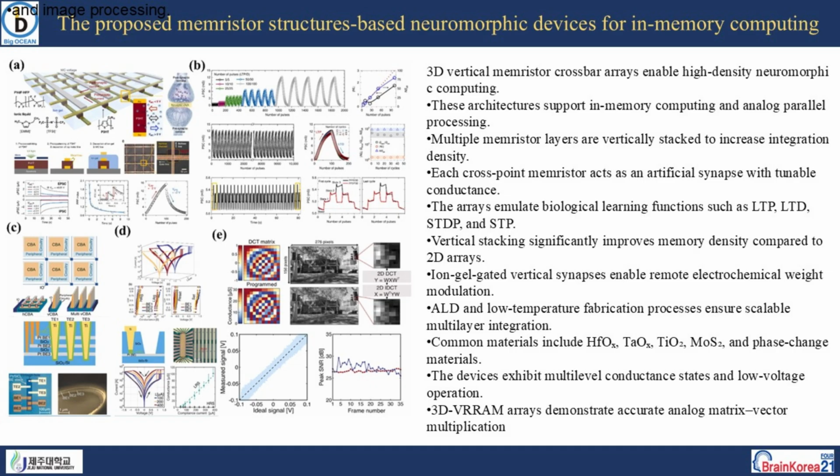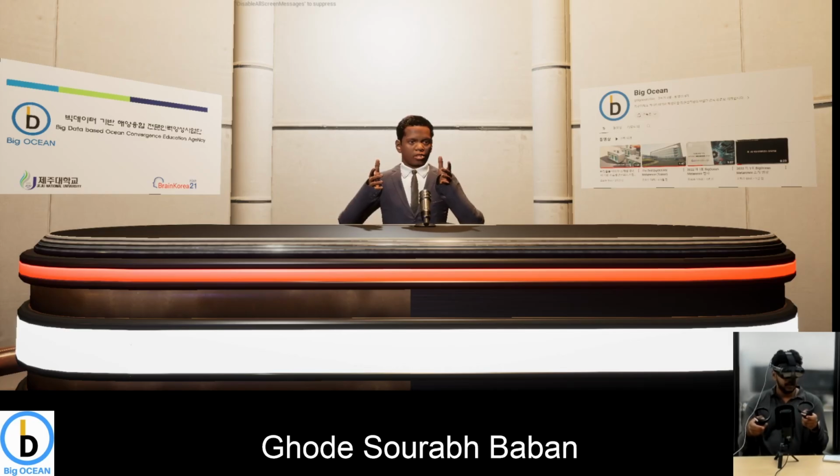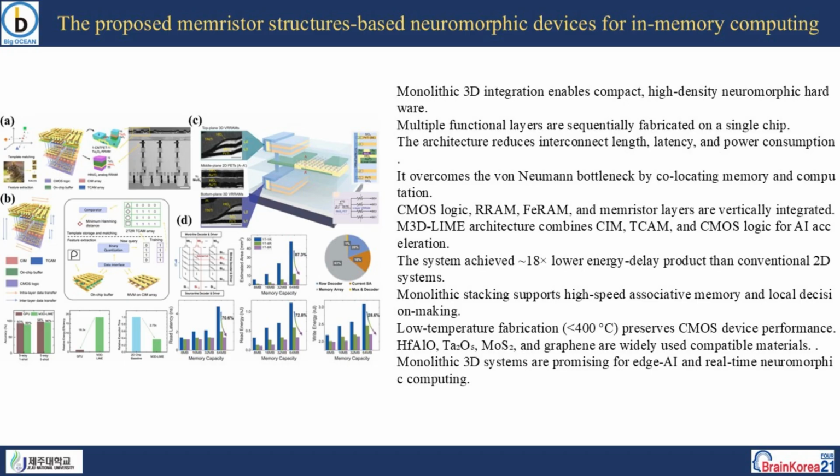Each crossbar cross-point memristor acts as an artificial synapse with tunable conductance. So this type of structure is very good for the next artificial intelligence.